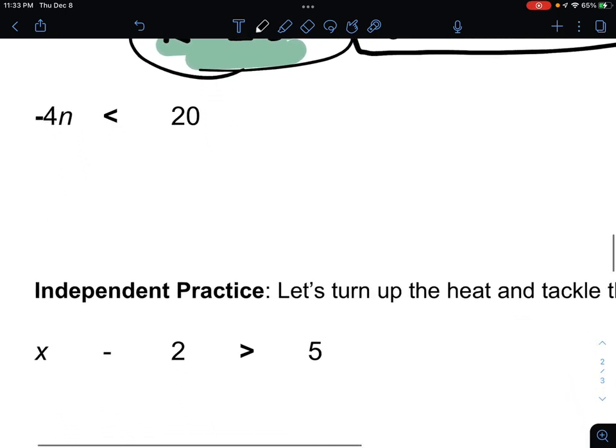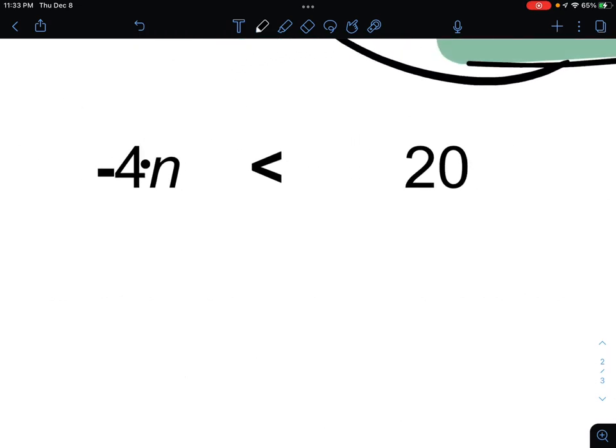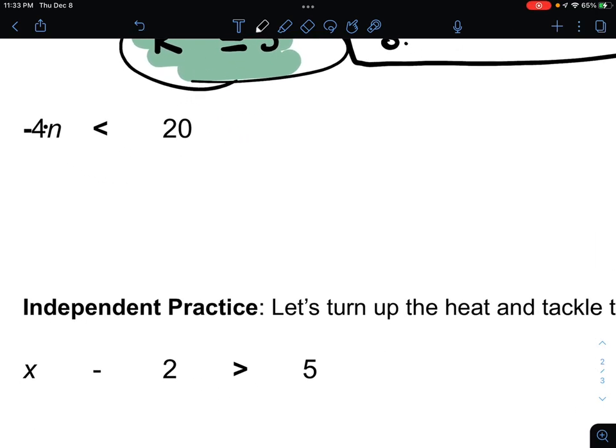Next up, I've got negative 4n is less than 20. Remember, in between this 4 and n, there is an invisible multiplication sign. So the inverse operation of multiplication is, of course, division. So we divide both sides by negative 4. Uh-oh, I'm dividing by a negative. That's going to do something funny here.